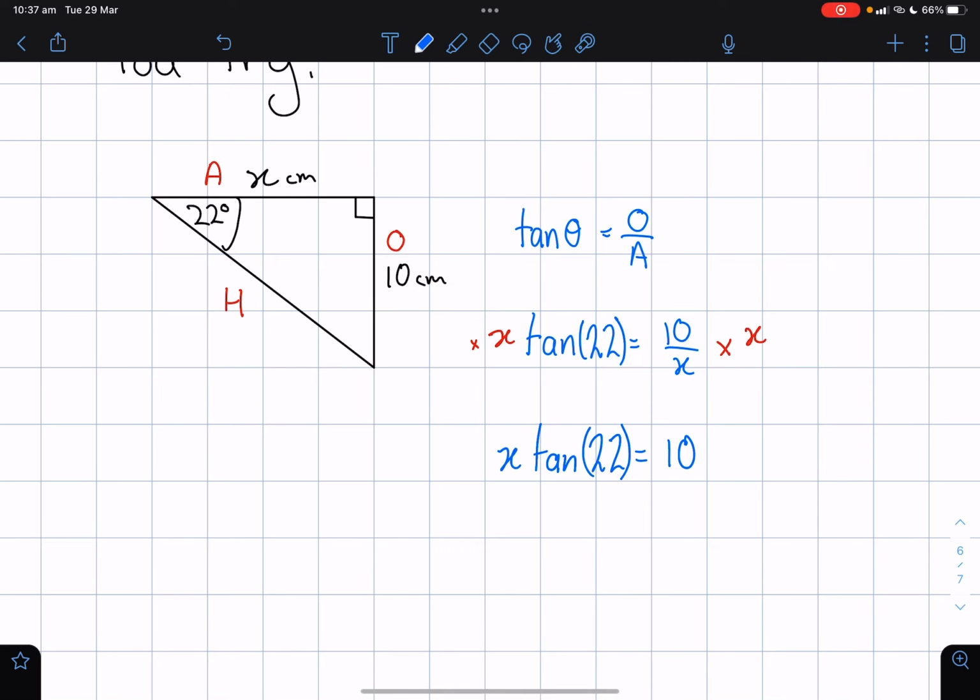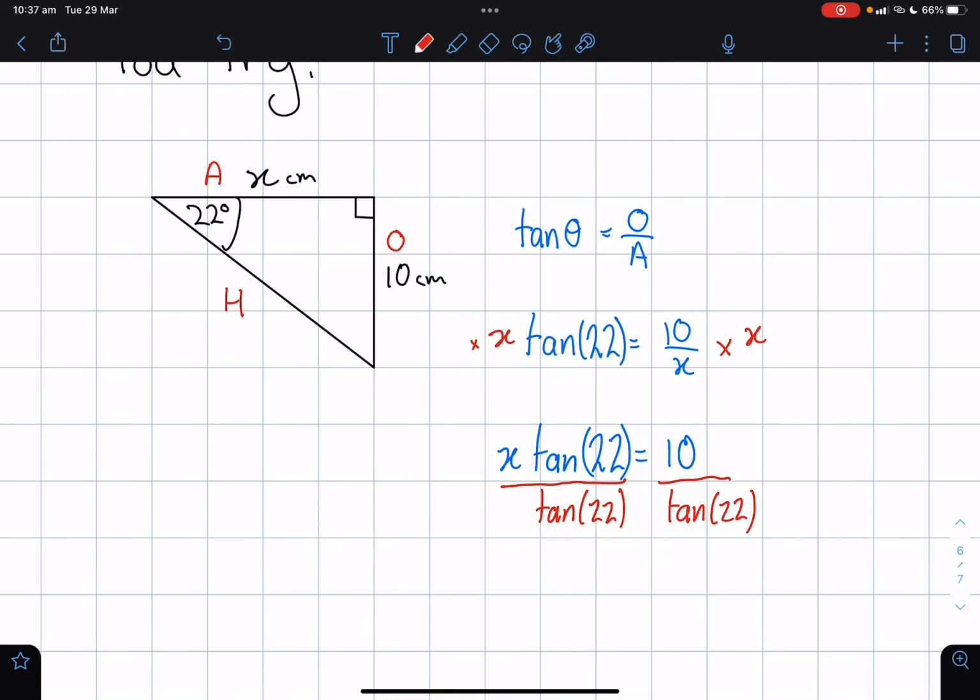Now we want x by itself, so we're going to divide both sides by tan of 22. Just remember that dividing anything by itself will give us 1, and we want x multiplied by 1 to get x by itself.